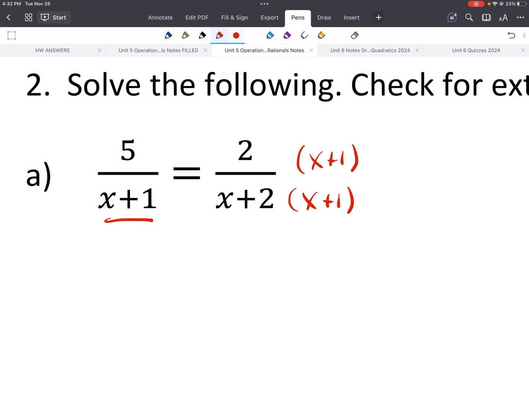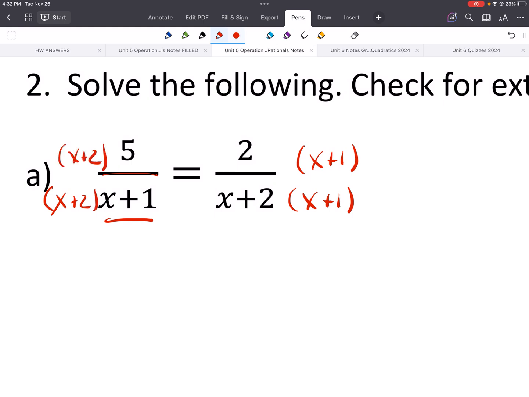We cannot just subtract 1 and subtract 1, that does not work out. We have to do their opposites, and this is division, so the opposite is multiplying. So we would need to multiply top and bottom, and on the left side, similarly, we would need to do x plus 2.